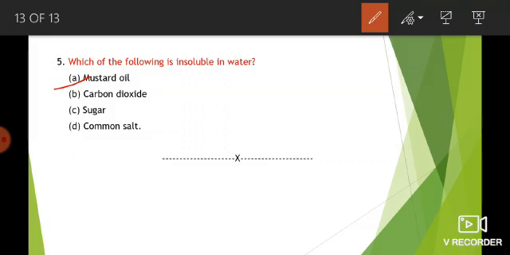Complete your class work copy starting from the next property. You have written up to property 3, diffusion. Now you give next topic, dissolution. Write its definition from today's video.